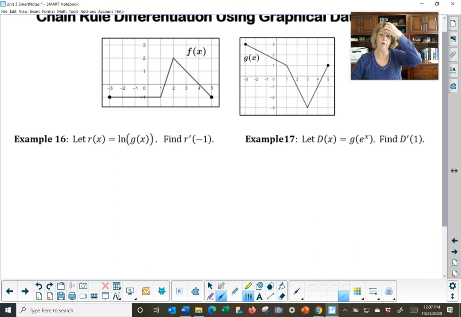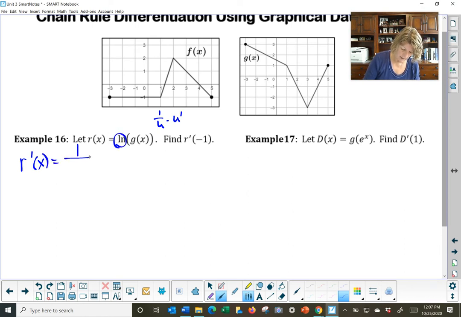Okay, r of x. Oh, it's a natural log one. Natural log derivative is 1 over u times u prime. That's what's in our head, right? So, r prime of x. Derivative of the outer is going to be 1 over g of x, 1 over u. This is our u, remember. Chain off, and the derivative of u would be g prime of x.